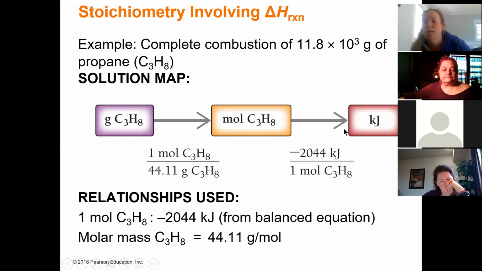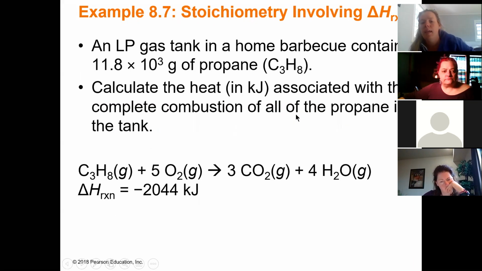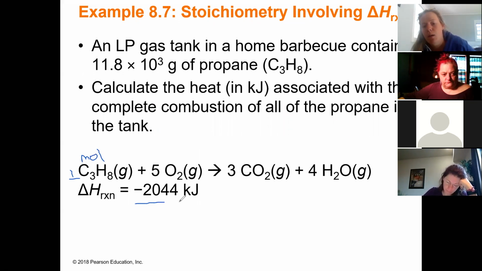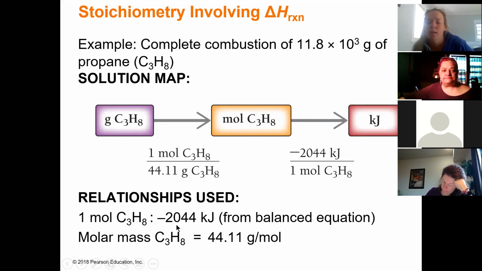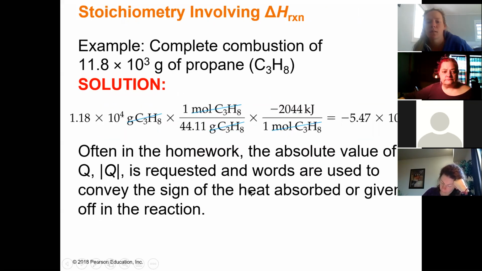That is using the coefficient and the energy. So in our original equation here, we see that for every 1 mole, this is how much energy will get produced. So we end up with this sort of setup for our dimensional analysis.